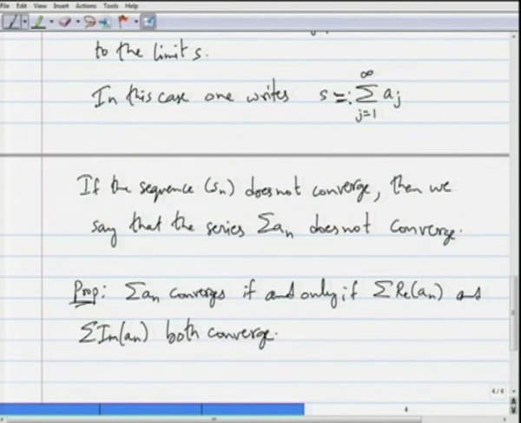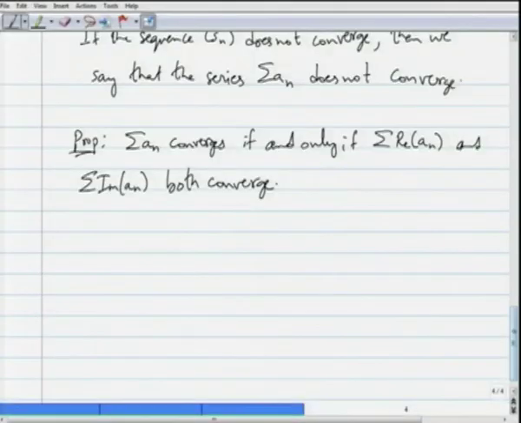That is just by splitting the nth term a n into its real and imaginary parts, using that in the partial sums sequence, and from there you can conclude this proposition. The proof of this proposition itself is not very hard.